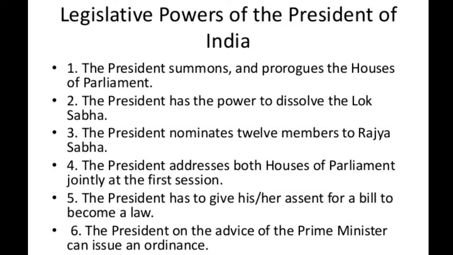He or she can send a bill back for reconsideration or withhold it for an indefinite period of time.